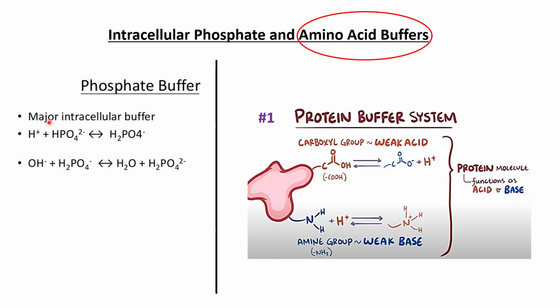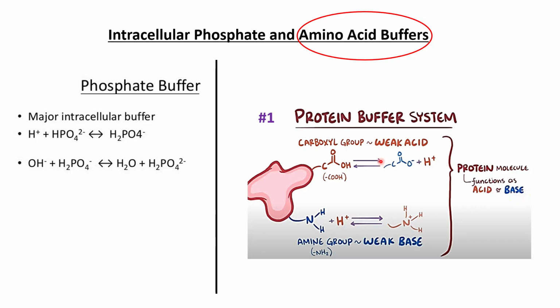The key is to recognize it as phosphate. And secondly, we have side groups in amino acids that are acidic and basic. If they're weak acids or weak bases, they can function as mild buffers in the intracellular environment. They will also have an effect on protein shape, but we're not going to worry about that too much.